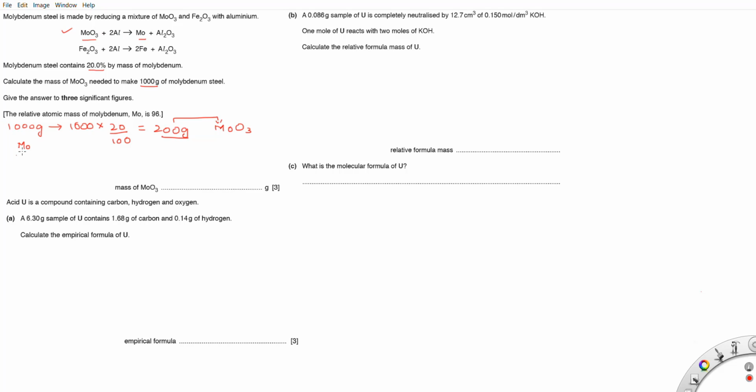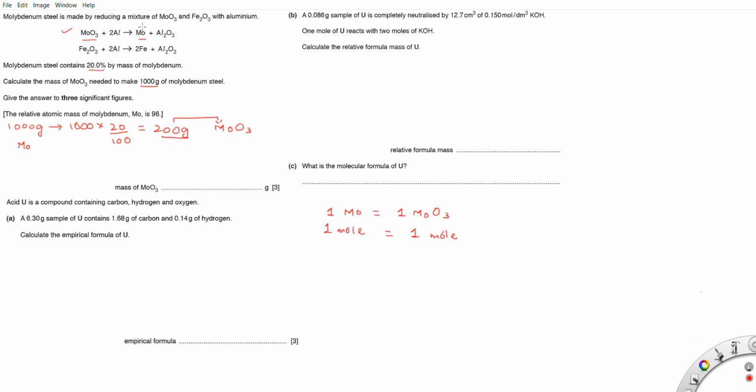And to move further, I can start up with 1 mole of molybdenum is produced by 1 mole of molybdenum oxide. So in order to convert this moles to mass, I can write either 1 mole and 1 mole each for molybdenum and molybdenum oxide. Had this been 2 here, I can write 2 moles of molybdenum.